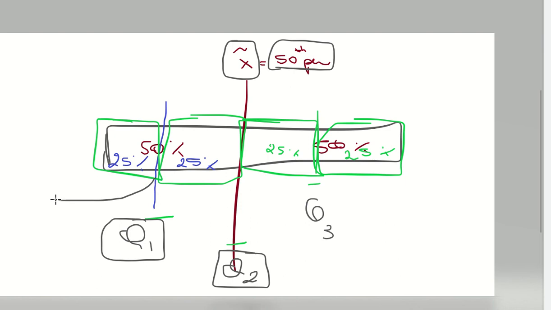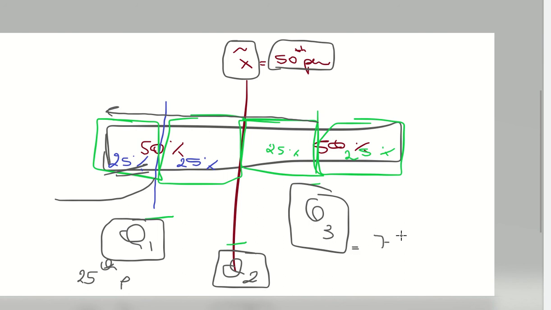Okay? Q1 cuts the lower 25% of the data, and therefore we call it the 25th percentile. Okay? Q3, which cut 25 and 25 and 25, cuts the lower 75% of the data, it's called the 75th percentile.